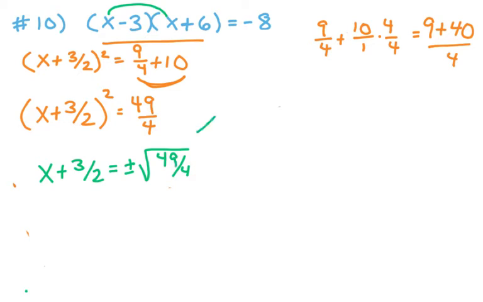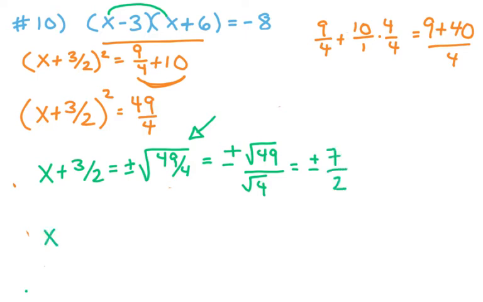Well, what can we do to this? This is plus or minus the square root of 49 over the square root of 4, which in turn is equal to plus or minus 7 halves.